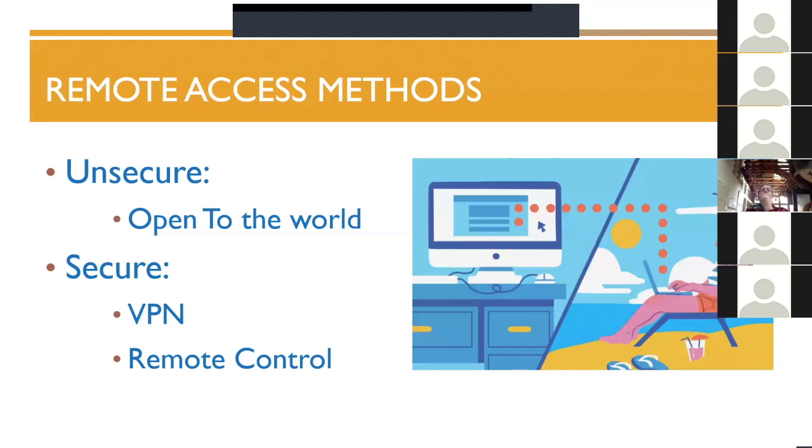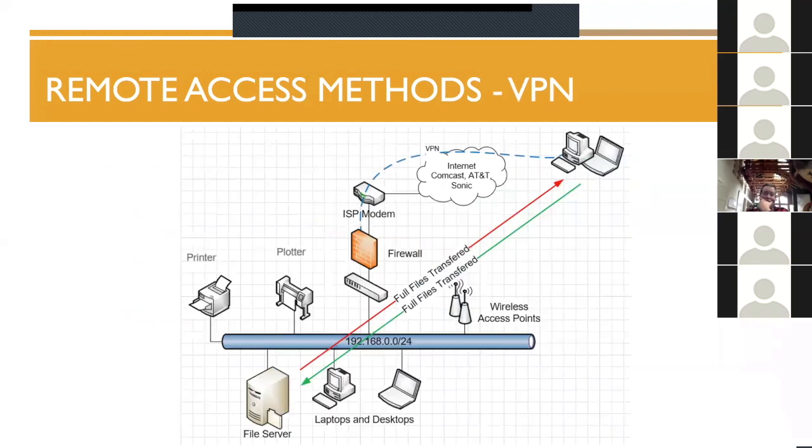First, we'll take a look at how VPN works and answer any questions you may have about that. So here's a quick schematic diagram of the VPN. You can see basically this is your office network. You have a file server and some computers on it, printer and a plotter, and your firewall.